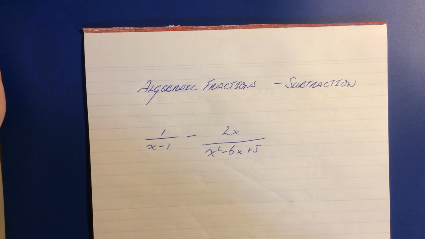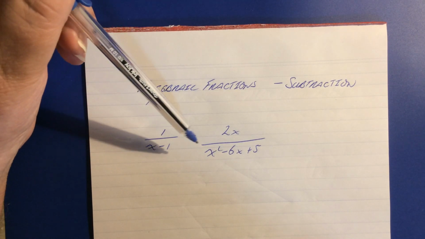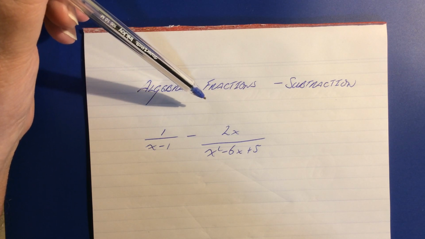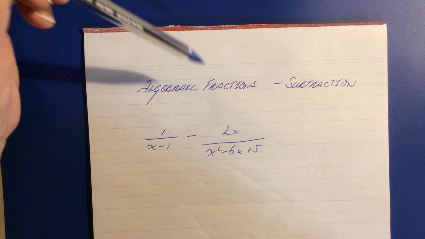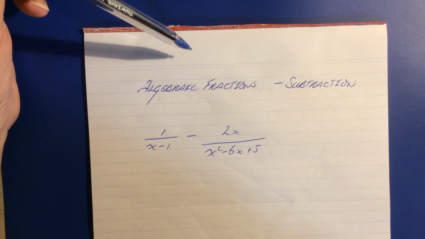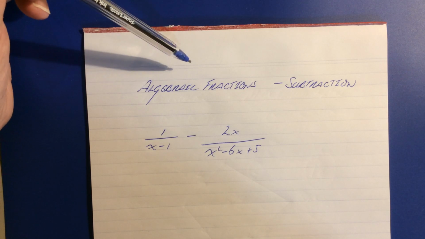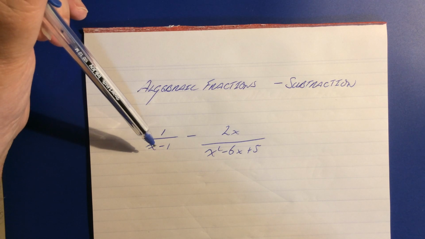So what I'm going to try and achieve is the lowest common multiple, and I think that it's such an important feature of this that I'll probably make a separate video on finding the lowest common multiple when it comes to expressions like this.